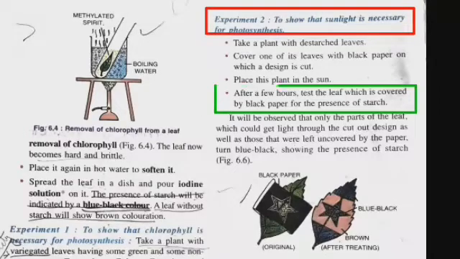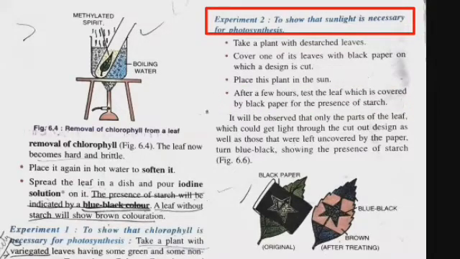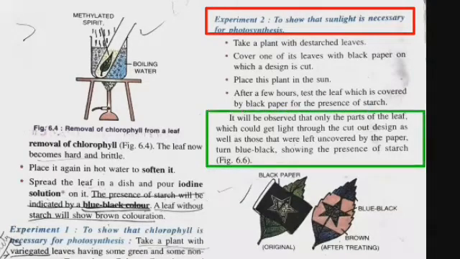What observation do we see? The observation will be, please remember this one, the portion of the leaf that was covered by the black paper will turn brown. That means no starch is present there. Why? Because photosynthesis has not taken place due to the absence of sunlight, whereas the portion of the leaf that was exposed to sunlight will turn blue-black.